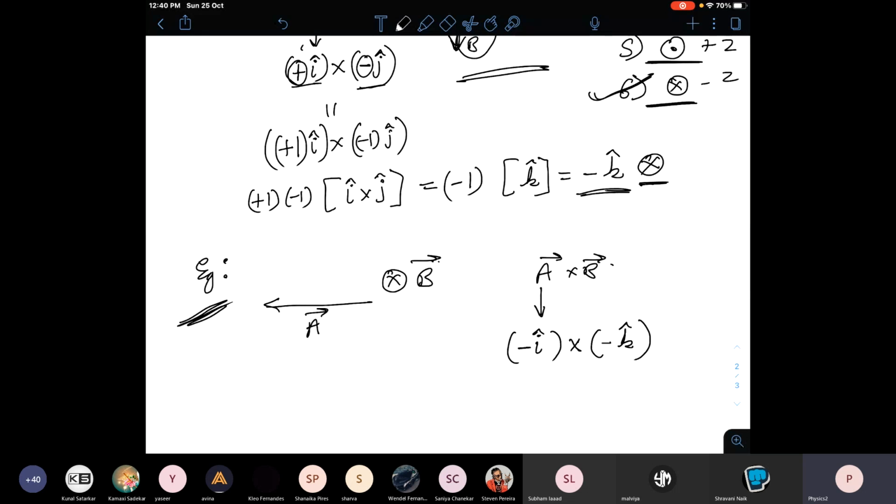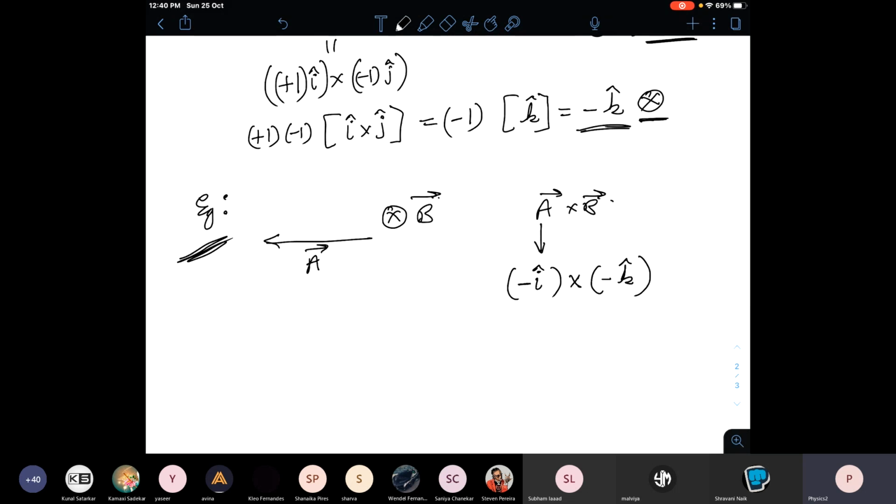So take the minus sign outside from both the i cap and k cap. It will be minus into minus into i cap cross k cap.